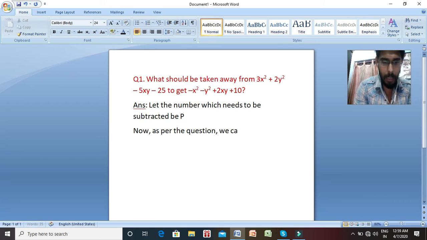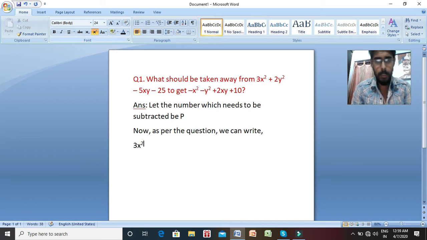we can write 3x squared plus 2y squared minus 5xy minus 25.